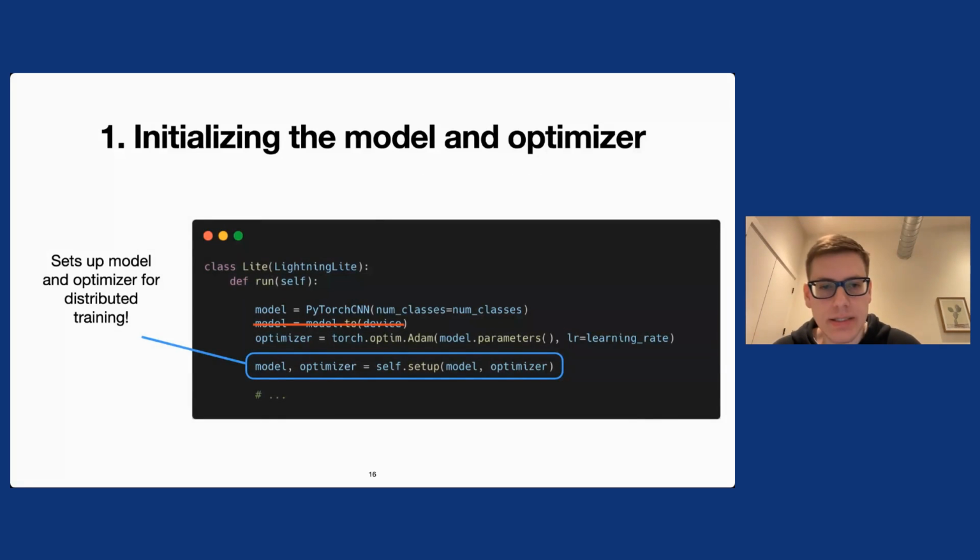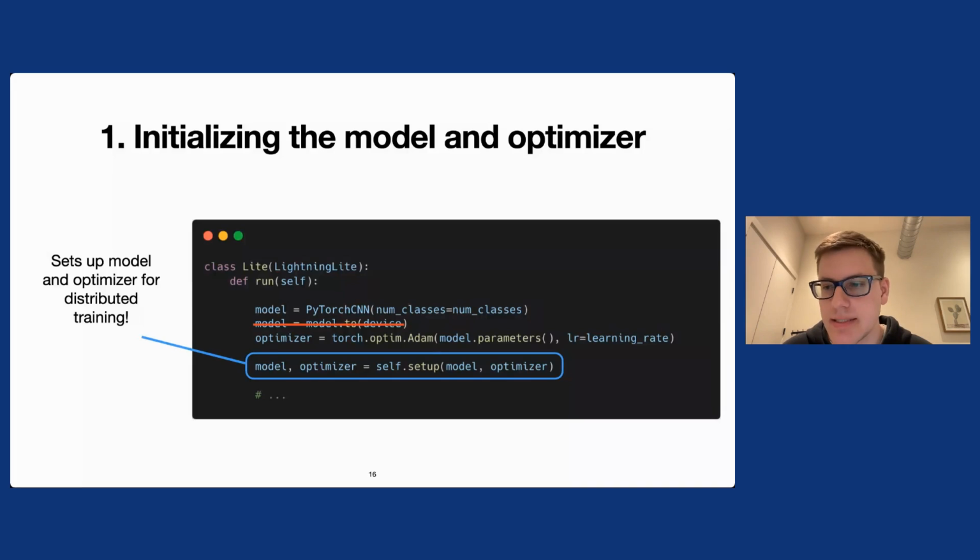So let's take the code that Sebastian had here. We started by initializing the model and the optimizer, and so we're going to do that here too. We take the PyTorch CNN, we pass in the number of classes, and then we create the Adam optimizer. And one thing that you will do in LightningLite is set up the model and the optimizer. This is the line highlighted there, self.setup(model, optimizer).